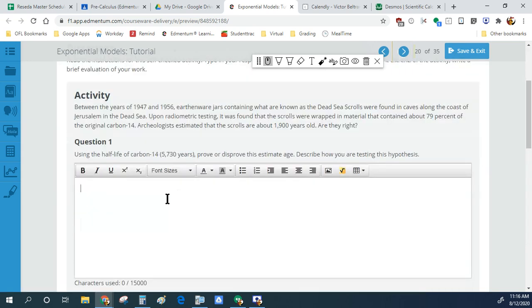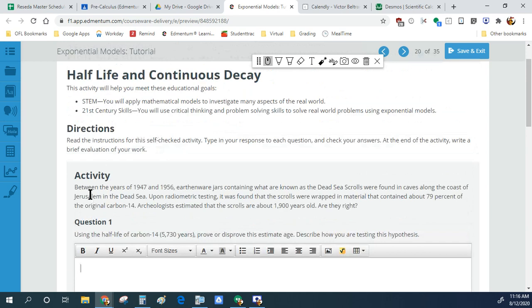So here, we're using carbon half-life to prove or disprove the estimated age of the hypothesis. There's a hypothesis here between this year and this year on Earth. So these years we don't need so much. We just want to know the testing.